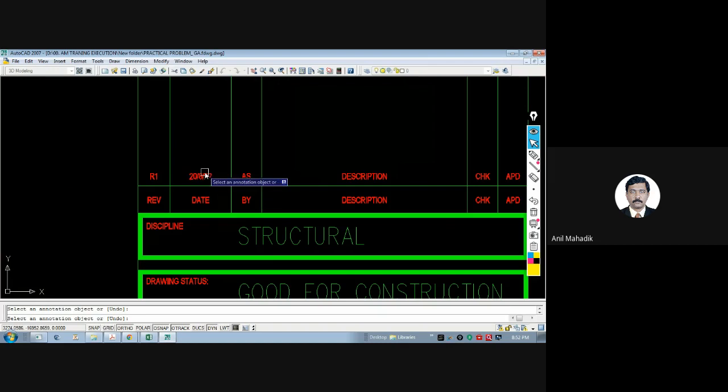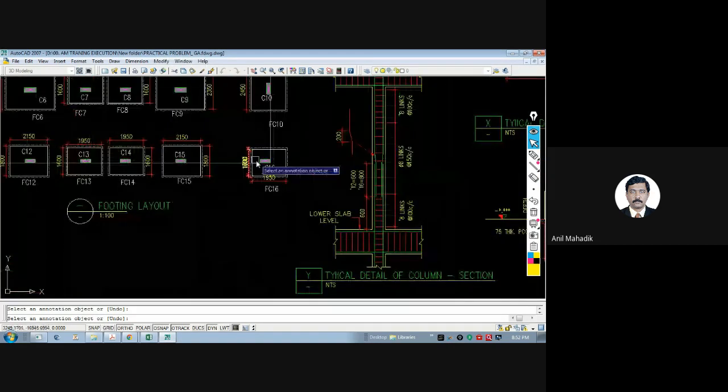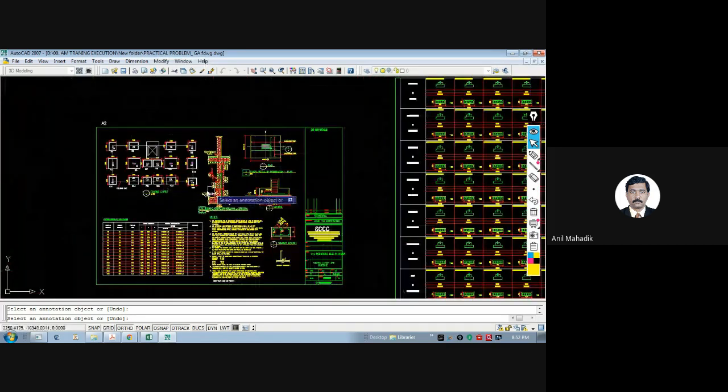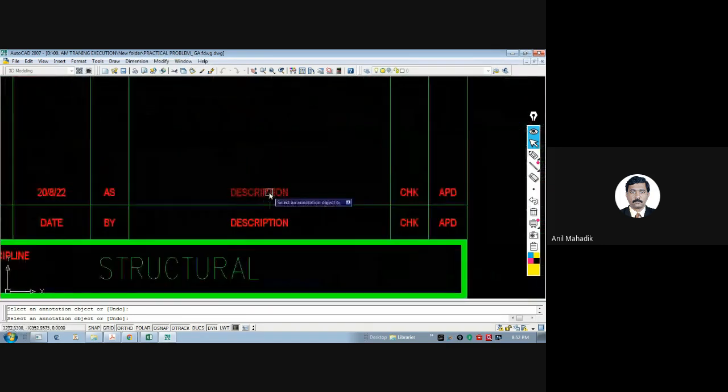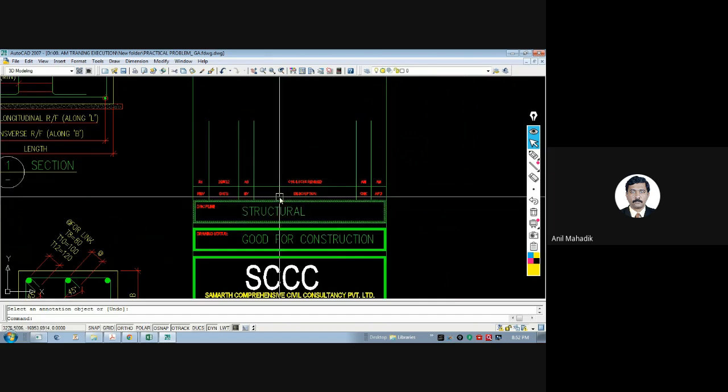And what I have done, the revision history says the footing and column changed. So write down here C16 and FC16 revised. There is some revision in this column, and then who checked, let's say I have checked it and I have approved also. So this we call a revision history.